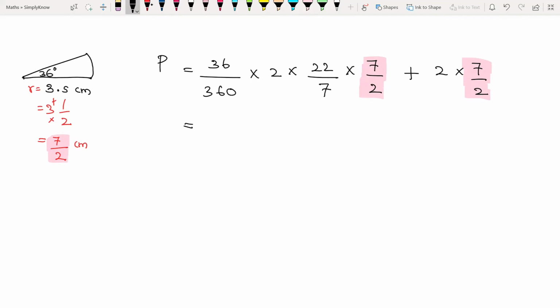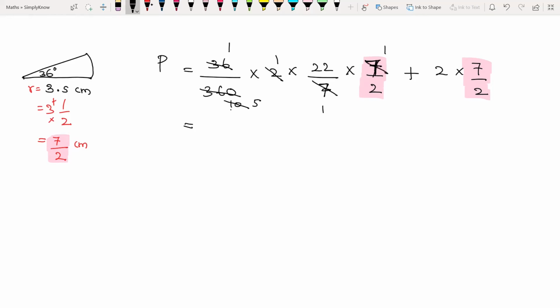Okay, now let's simplify. 36 divided by 36 is 1. 360 divided by 36 is 10. Then we can simplify 2 and 10. 2 divided by 2, 1. 10 divided by 2, 5. Now can you see we can easily cross simplify these two sevens. So 7 divided by 7, 7 divided by 7.